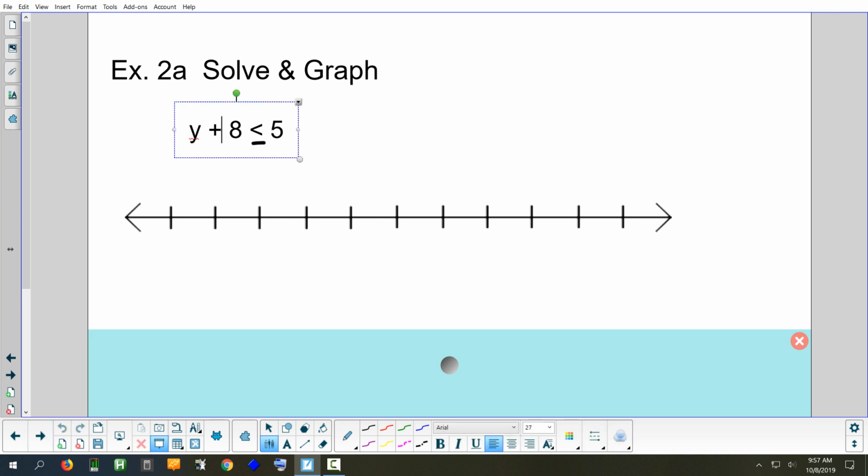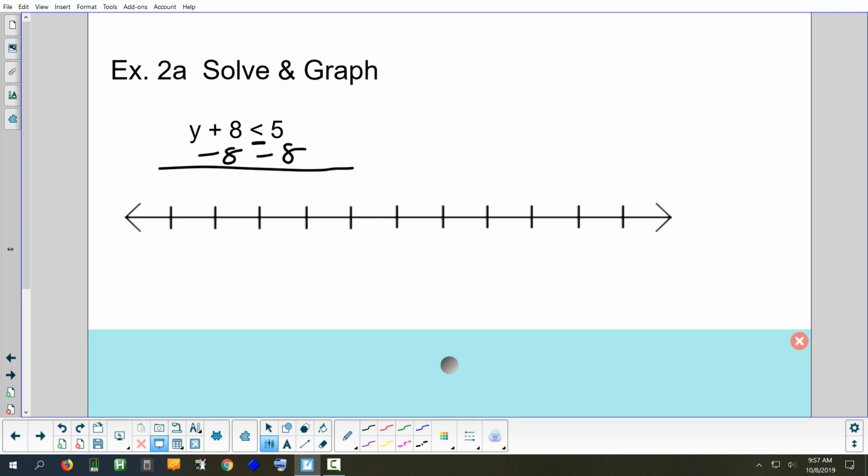All right, so first question we had was, is y already by itself? And we decided that it wasn't. Not yet. What do you have to do on both sides to get it by itself? Subtract 8. Yes. You always do the opposite operation when you're doing something on both sides to move it to the other side.